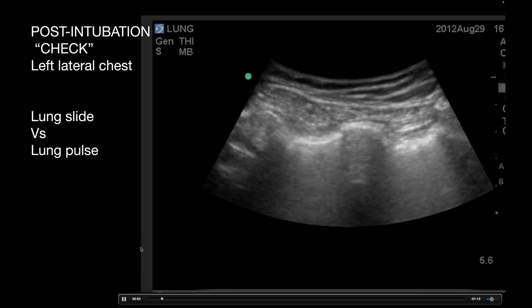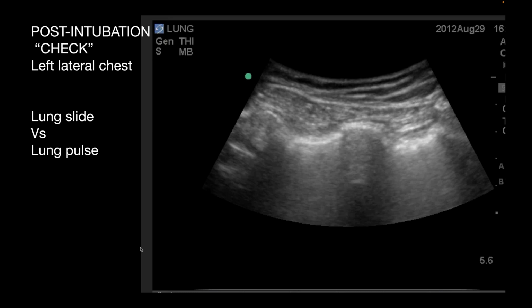You're in a busy trauma and your resident has just intubated the patient. After the intubation, the SATs are really staying in the low 90s and the pressure alarm on the ventilator is going off. You realise that something's not quite right. So you pick up your probe. This is a curvilinear probe that's been placed on the left chest wall, and you look at what's going on there. At first glance, this looks like normal lung sliding, but if you stop and look closely and listen to the SATs monitor in the background going beep, beep, beep, you'll be able to notice that these movements are timed perfectly with the cardiac pulsation.